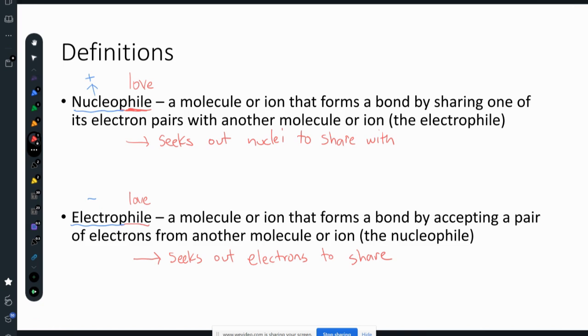So when we look at reactions, we're generally going to look for what role each reactant's playing. Is it the nucleophile or the electrophile? And every reaction is going to have both.